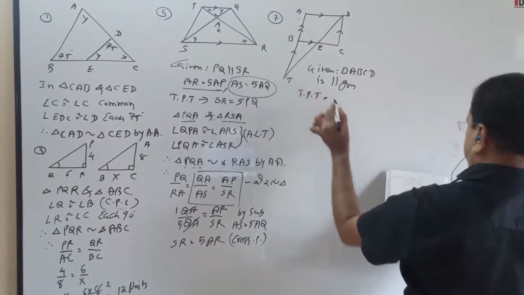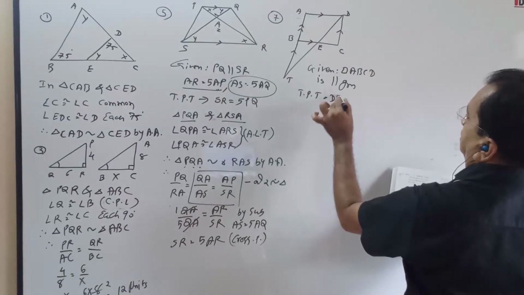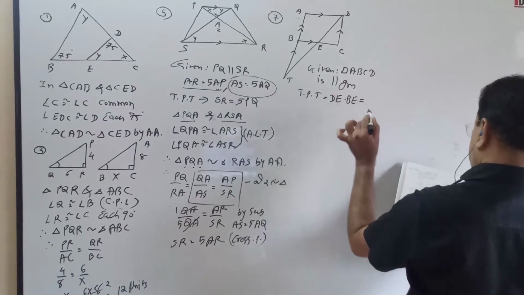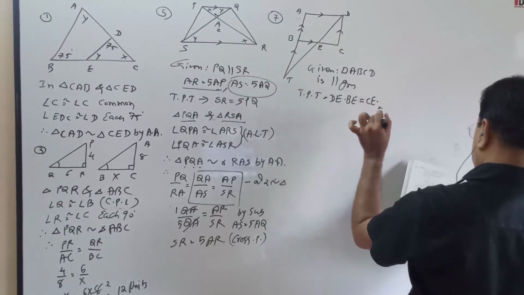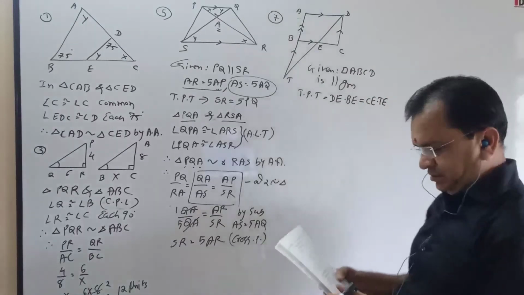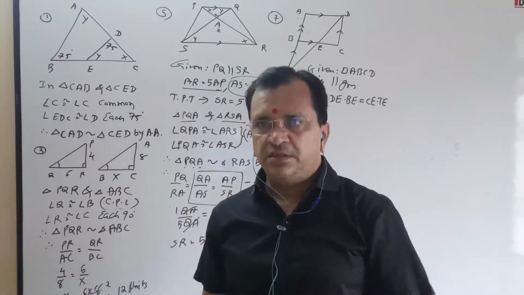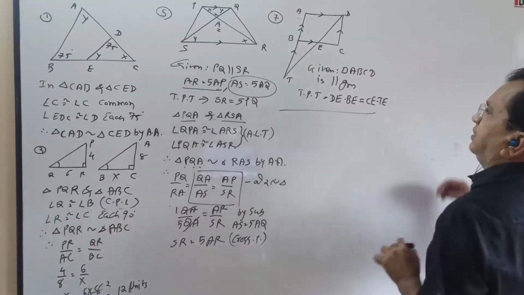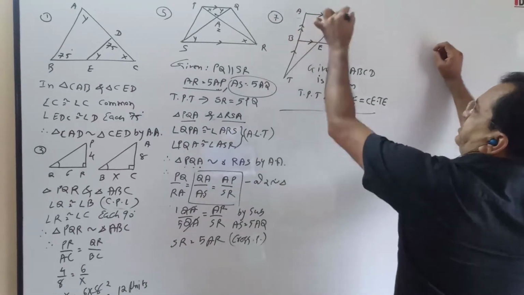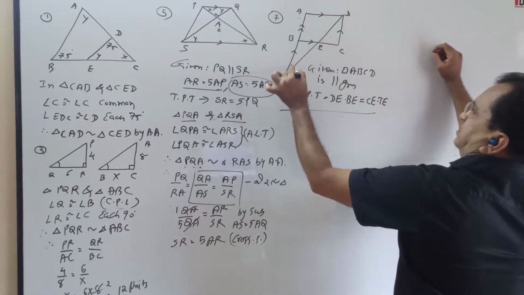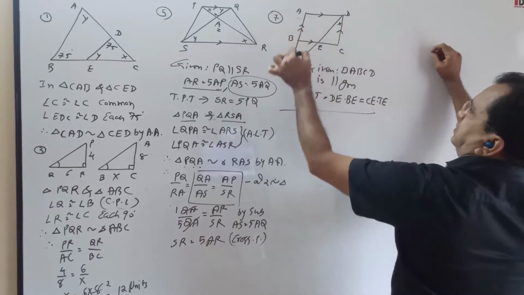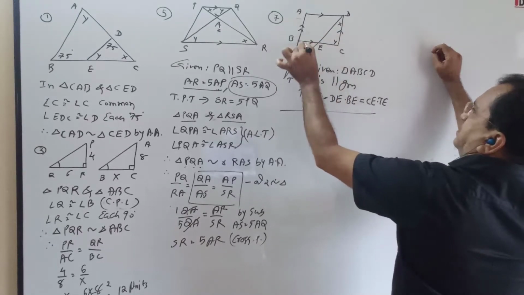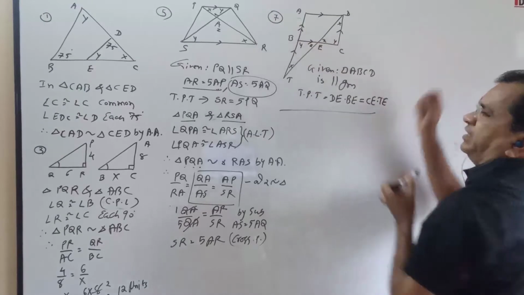To prove that DE by BE is equal to CE by TE. Now this is Z, you can see Z. So X, X. This is also Z, and this is vertically opposite.